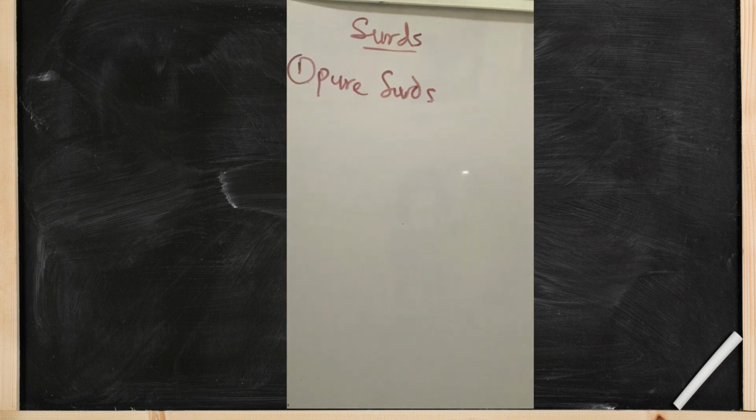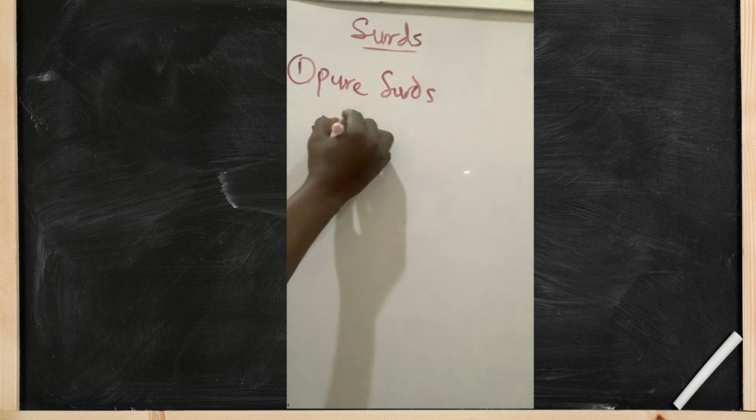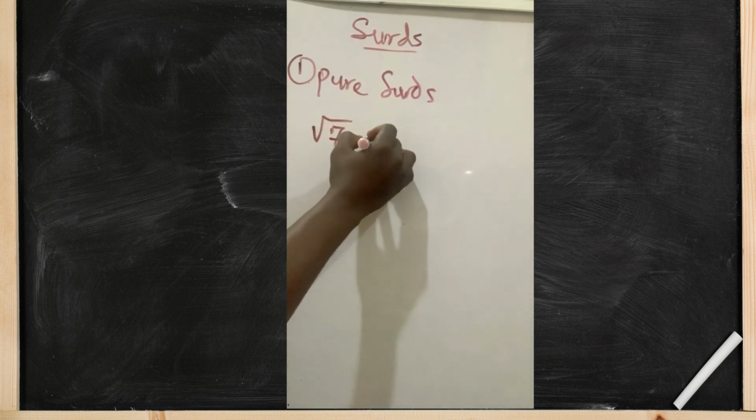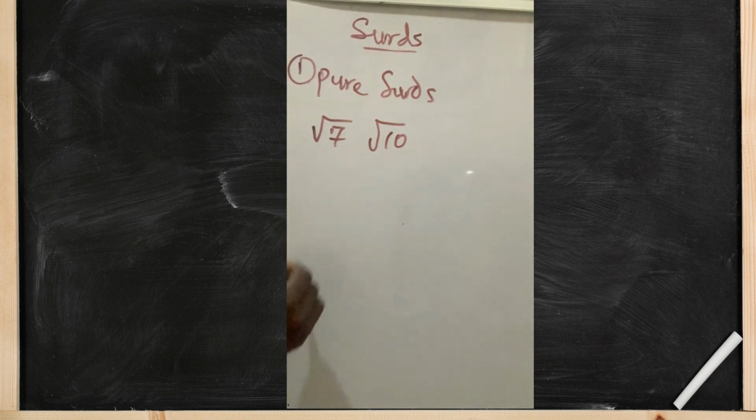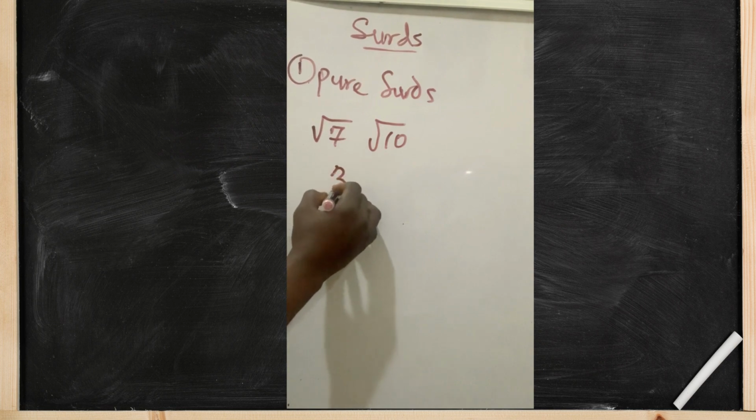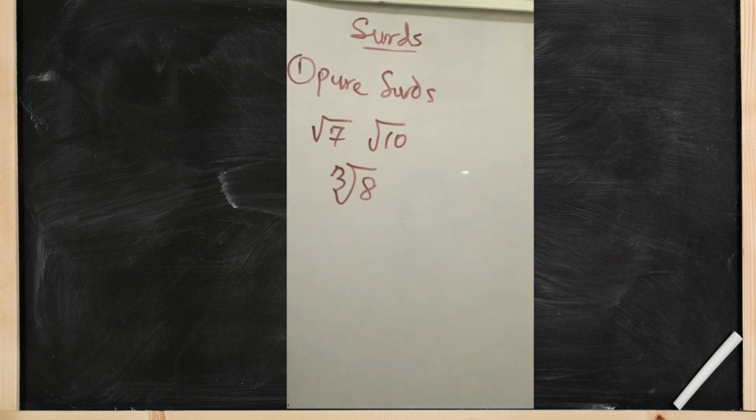When you talk about pure surds, it talks about single numbers like the square root of 7, the square root of 10, something like the cube root of 8. So that is a pure surd.